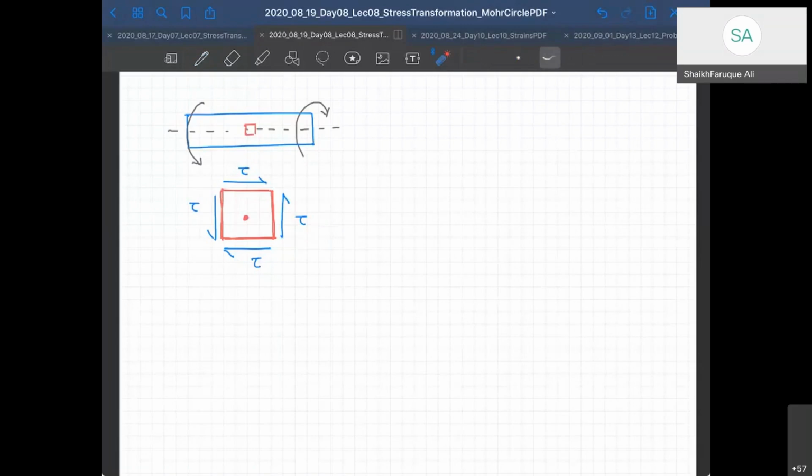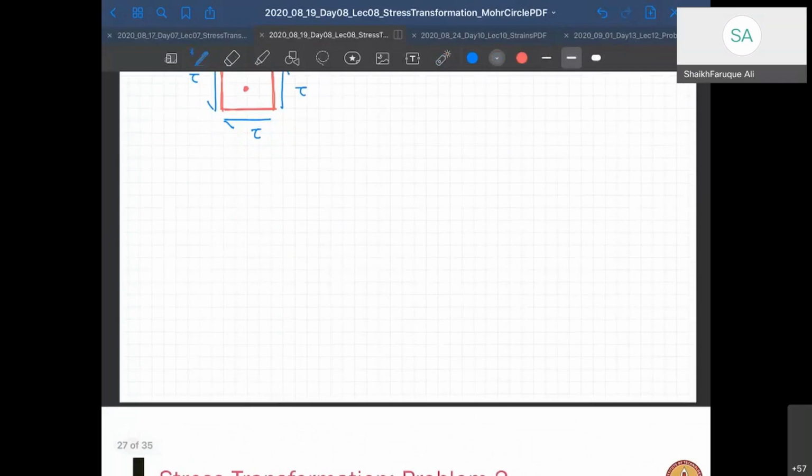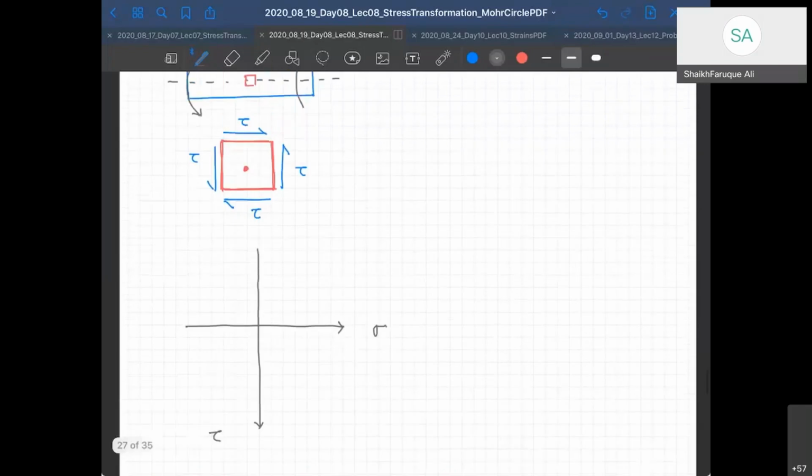Now, how do I draw the Mohr circle for this? Again, I will first draw axes like this. This is sigma axis and this is my tau axis. Let's look at the planes again.